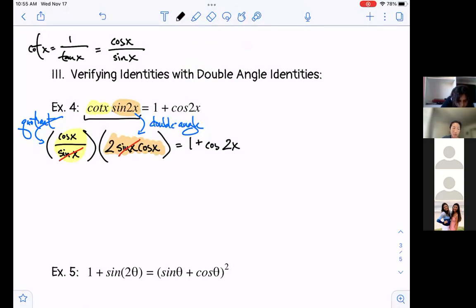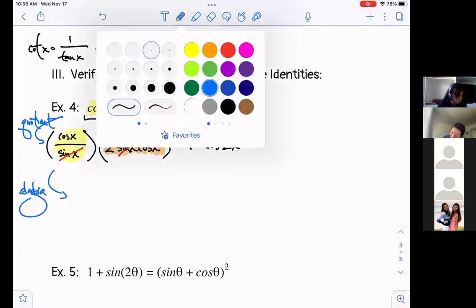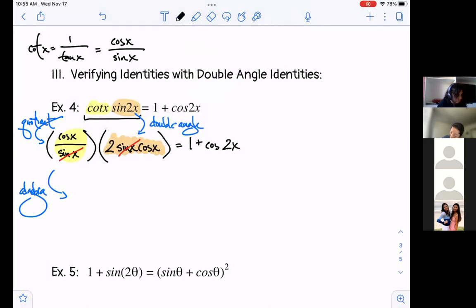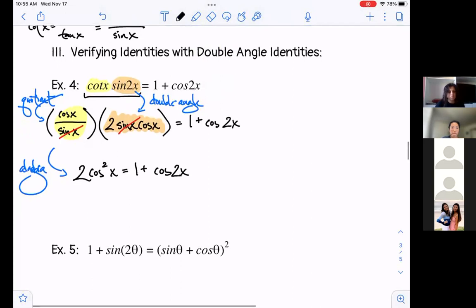What do I get when I rewrite the left-hand side? Great. 2 cosine squared x equals 1 plus cosine 2x. All right. Now we have to continue working on the left-hand side.